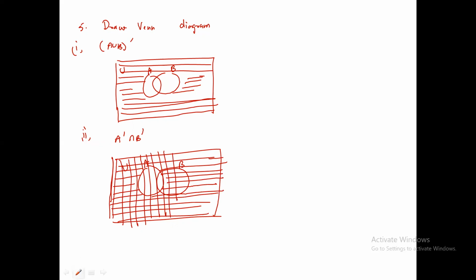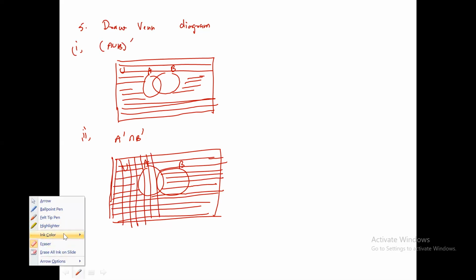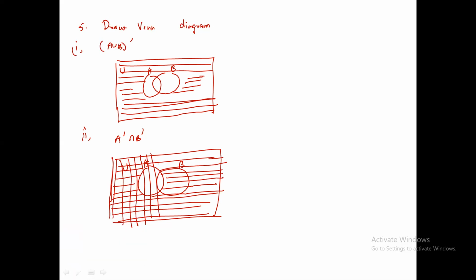B dash means except B, you have to shade everything else. Don't shade B. That is what it is saying. So I will not shade the B circle. Except B circle, I will shade everything.